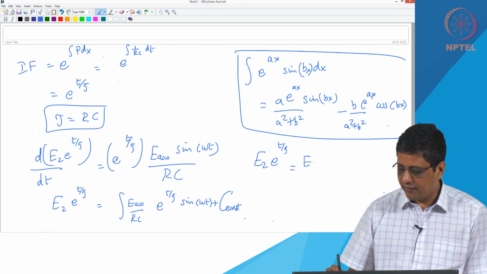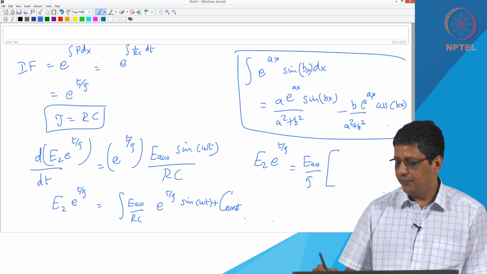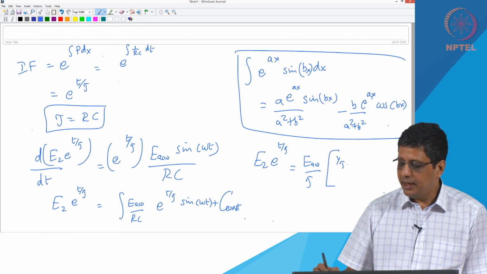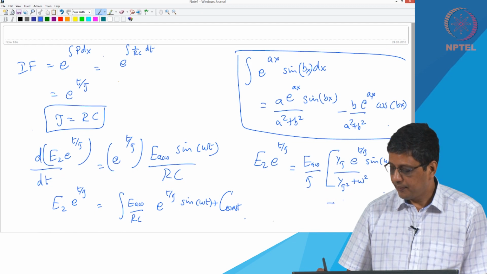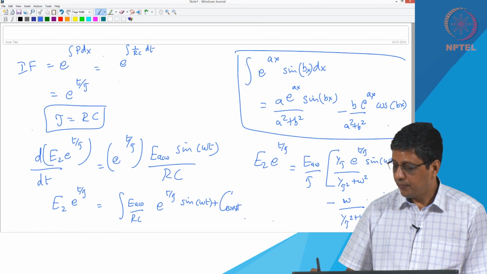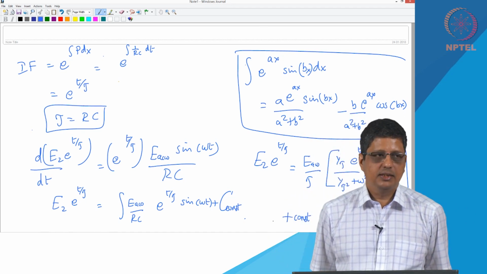On the right side, I have a factor of EAC0 by tau, which is same as RC, and in addition, I have 1 by tau as A, omega as B, and on top of all this I have an integration constant. It is little lengthy, but I do not think it is particularly difficult.